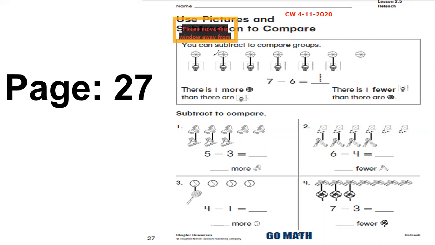So here we have the flowers and the flower pots. We are going to match and count. We have 1, 2, 3, 4, 5, 6, and 1, 7. So that is 7 minus, and then we have here 6. So how many more? There is one more flower than there are pots, and there is one fewer pot than there are flowers.